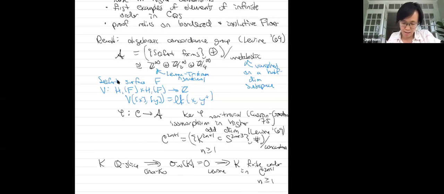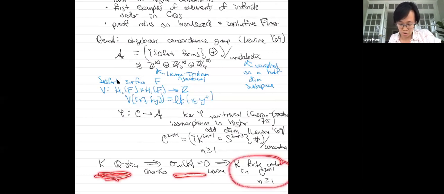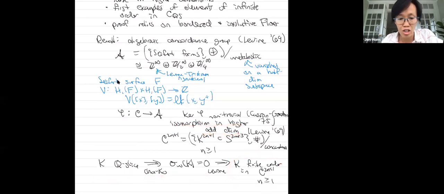Right, so the upshot is that in higher dimensions, if you're rationally slice, then all your signatures vanish. And then using the fact that this is an isomorphism in higher dimensions, you have to be finite order. So in higher dimensions, any rationally slice knot is finite order, and that's in contrast to what happens in the classical dimension, where we're able to find lots of rationally slice knots that are infinite order.